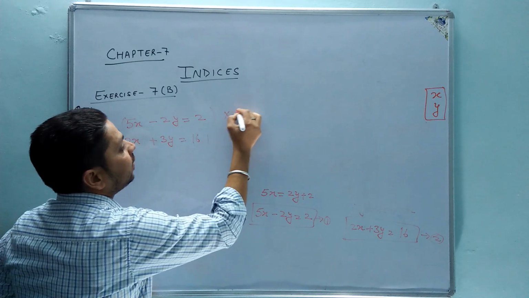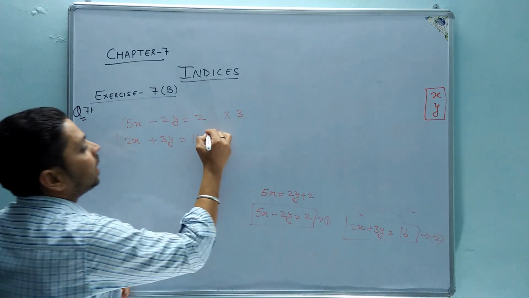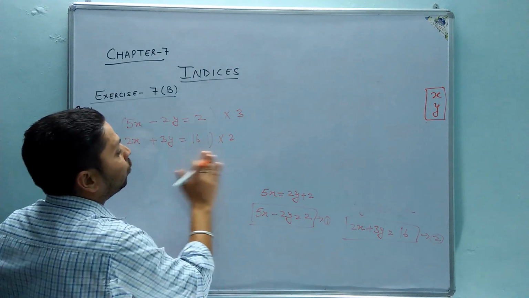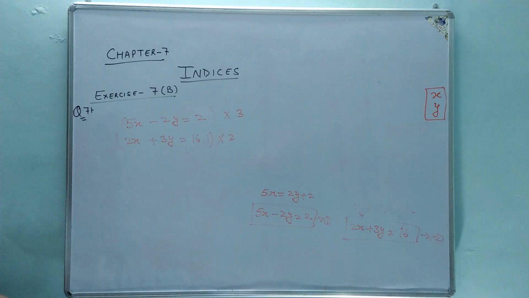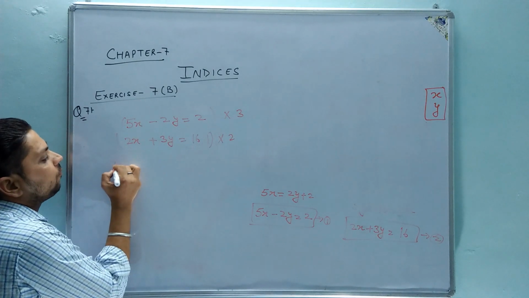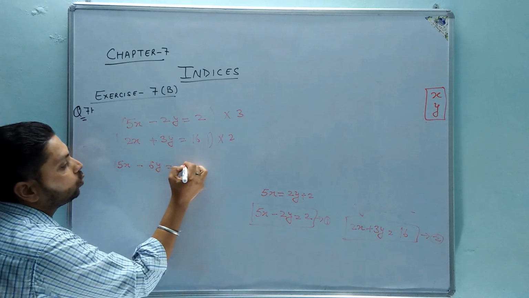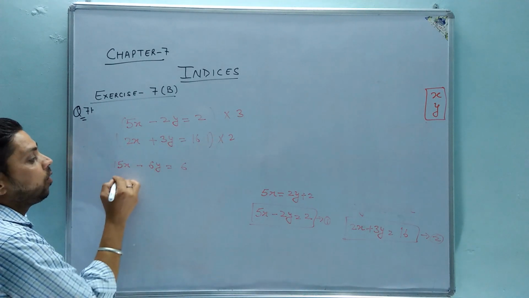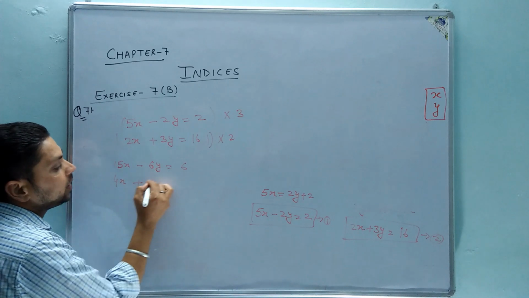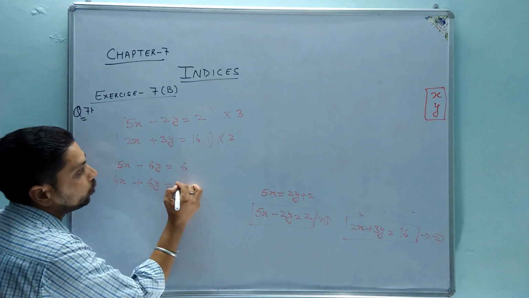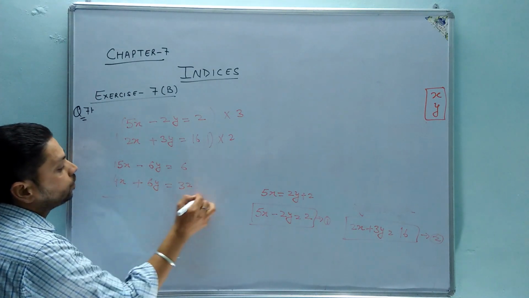Multiply the first equation by 3 and the second equation by 2. Now we will have 5 threes are 15x minus 6y is equal to 3 sixes are 6, and 4x plus 6y is equal to 32.